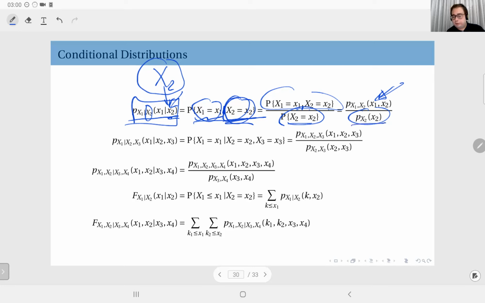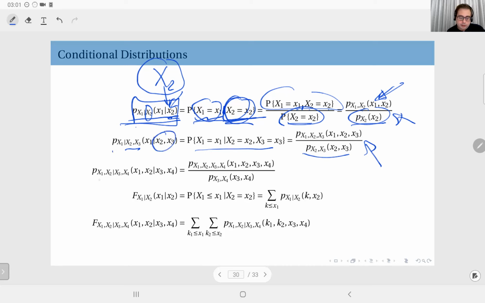So this is quite similar to the definition of conditional probability. Here we have a conditional PMF, and its definition very much looks like the definition of conditional probability. And we can also generalize this. The conditional PMF of x1 given the values of x2 and x3 is, if you just apply the definition of conditional probability, the joint PMF of x1, x2, x3 divided by the joint PMF of x2 and x3, because in the condition we have 2.